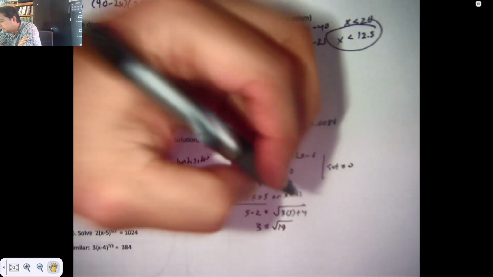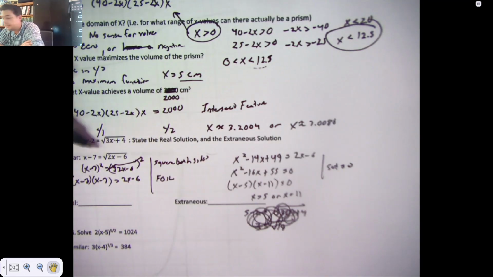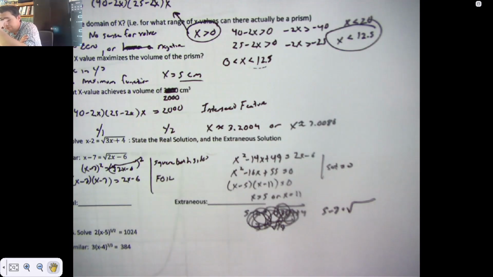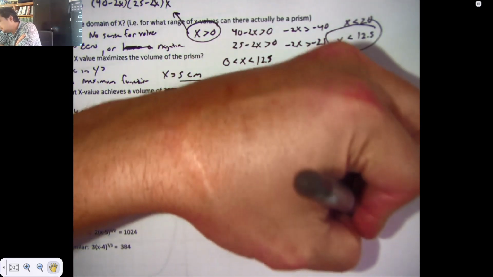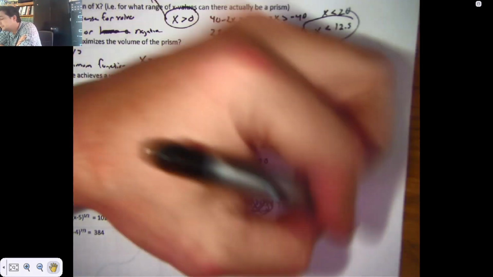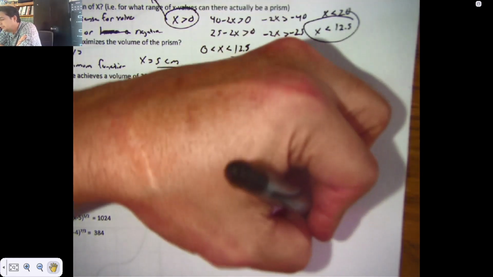Oh, I looked at the wrong problem. Oops. I was looking up here. I was supposed to look right here. 5 minus 7 is supposed to equal the root of 2 times a 5 minus a 6. Here's the problem. This is negative 2, and that's going to be root 4.